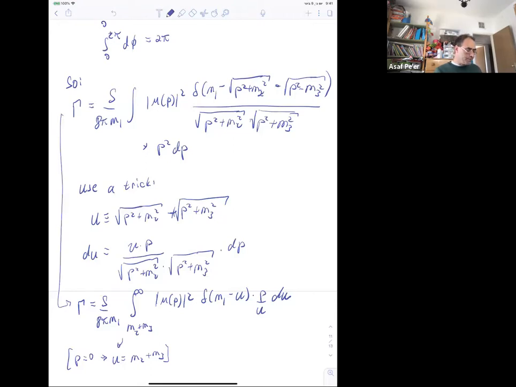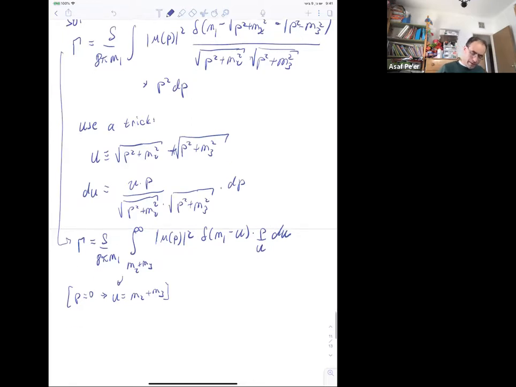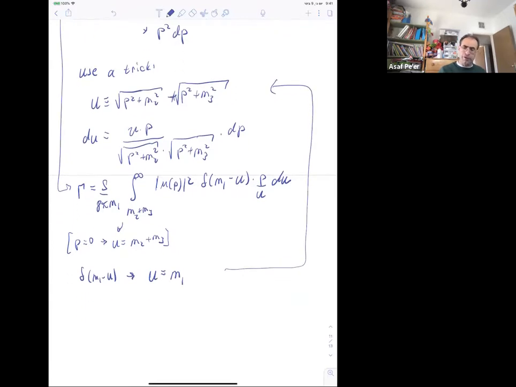Of course, the delta function now simply gives u is equal to m1. So the delta function implies that u is equal to m1. And we can use that back in the definition of u here.